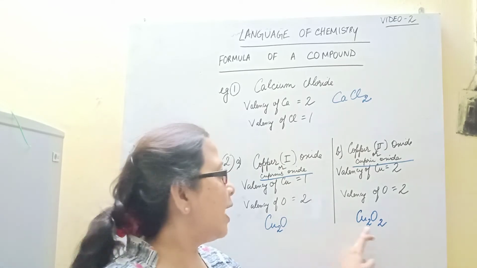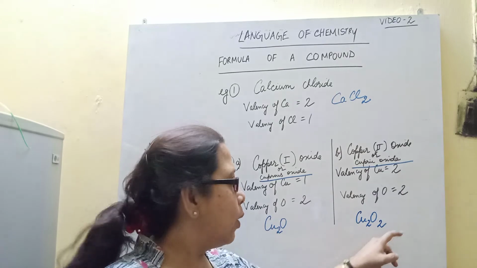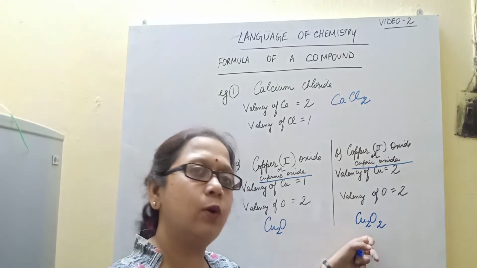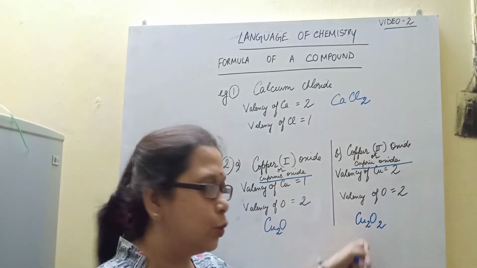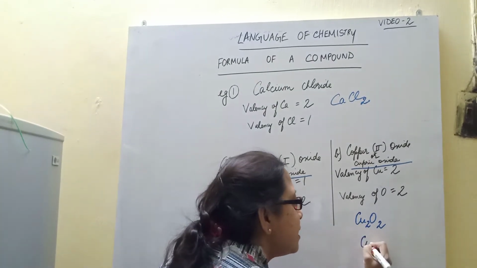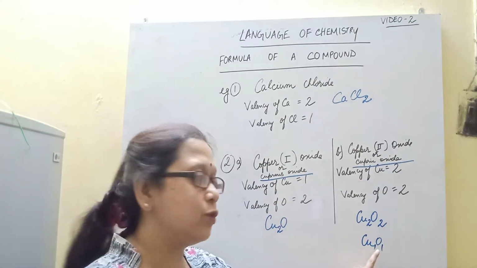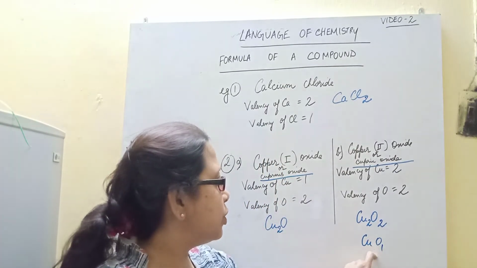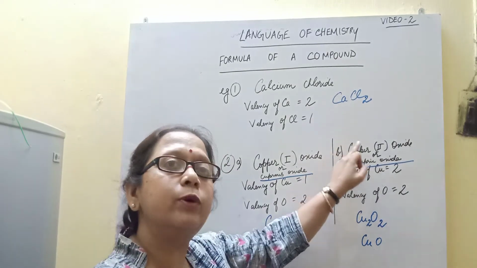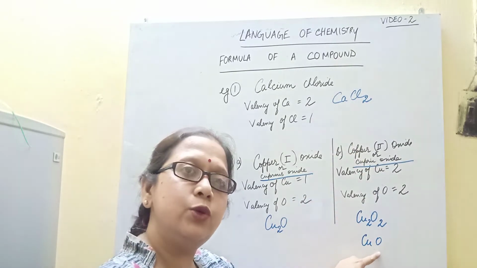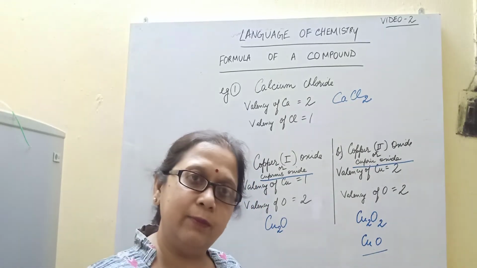Now we have to simplify it to a whole number ratio. If I divide by a common factor 2, what will we get? CuO. Here we do not write 1, so we just remove the 1, and the formula of cupric oxide or copper 2 oxide becomes CuO. So this is how we write the formula of compounds.